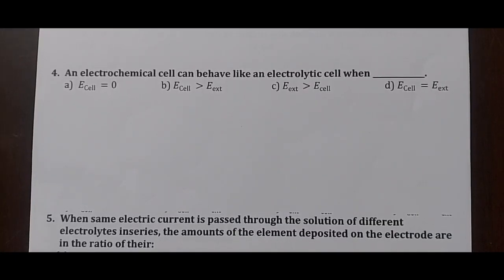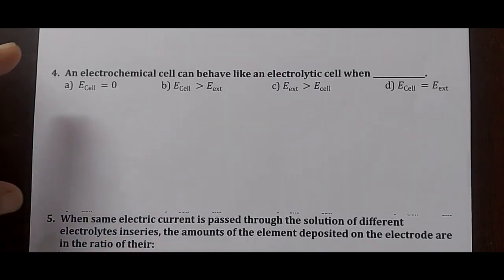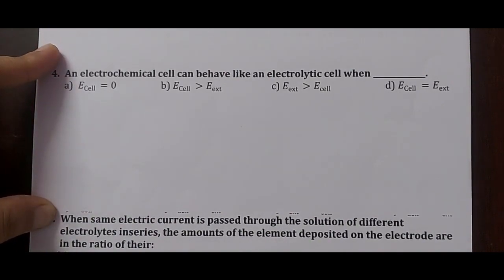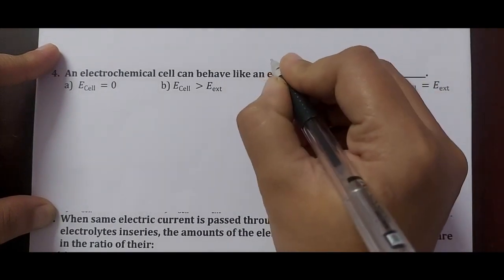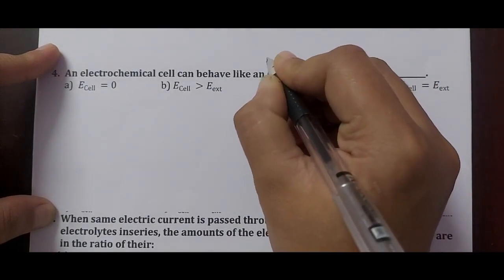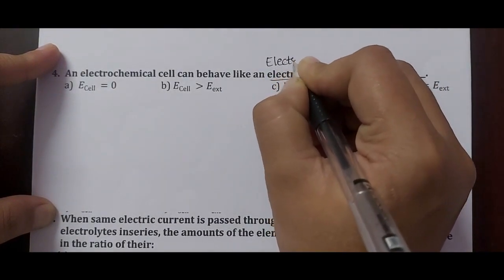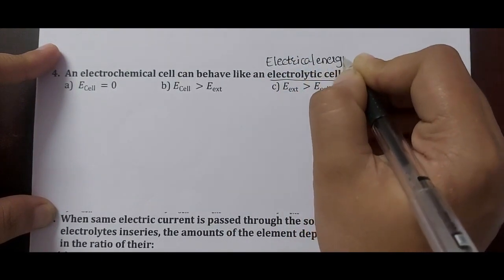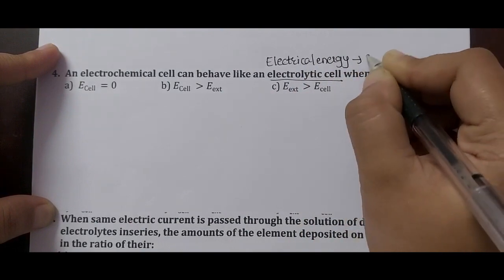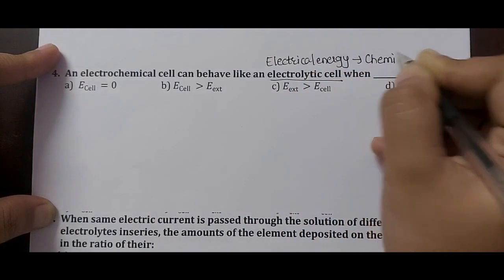So we'll consider the next question, that is the fourth question. An electrochemical cell can behave like an electrolytic cell when? So we'll try to understand the difference here. Electrolytic cell means here conversion of electrical energy to chemical energy.